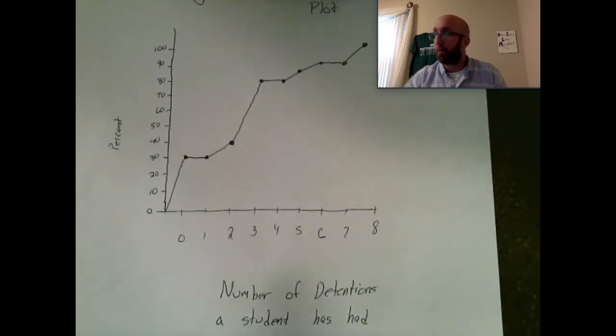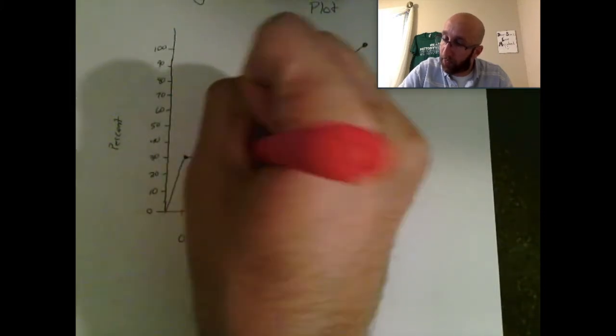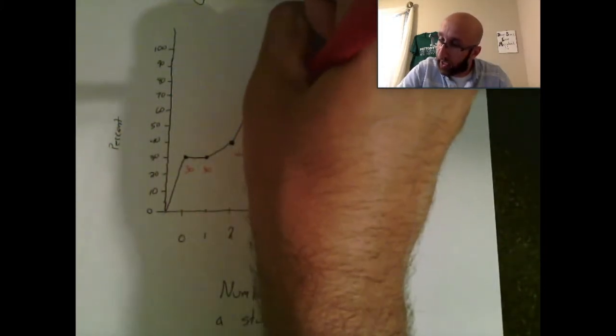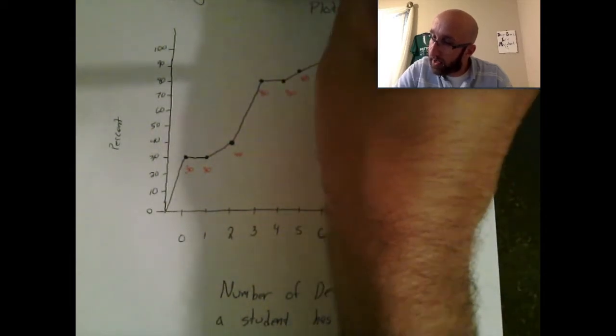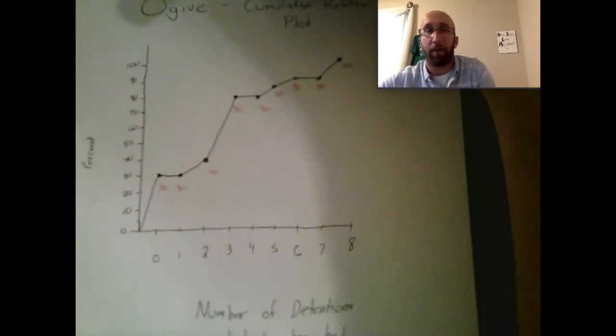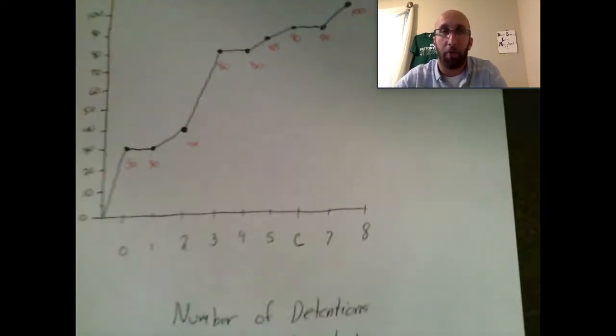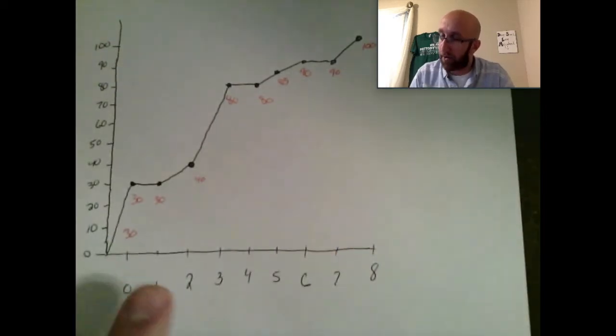And you can even go through and kind of do the math here if you so wanted to and be like, hey, we're at 30 here, we're still at 30, this is 40, this is 80, 80. I think I made this up to be 85, 90, 90, and 100. So just doing some simple math, you can really figure out how much data is at every single point. You could figure out, hey, 30% of my data was at the 0.